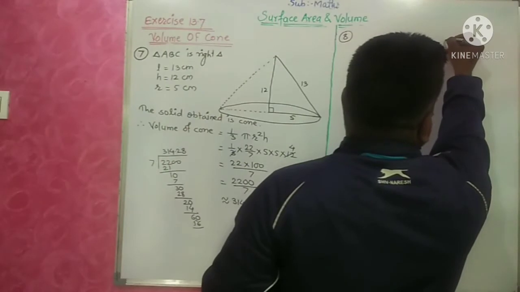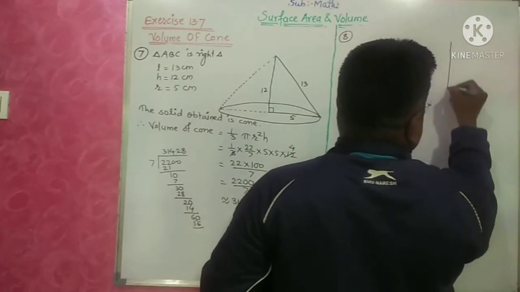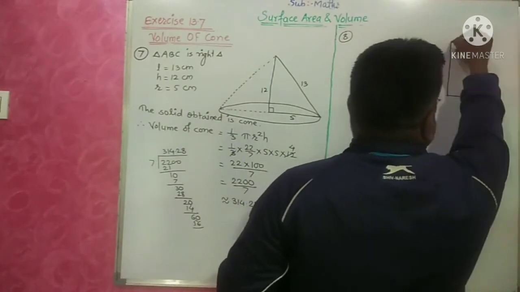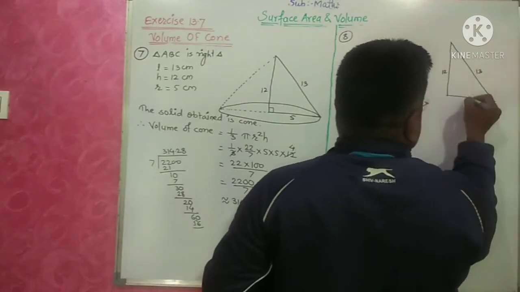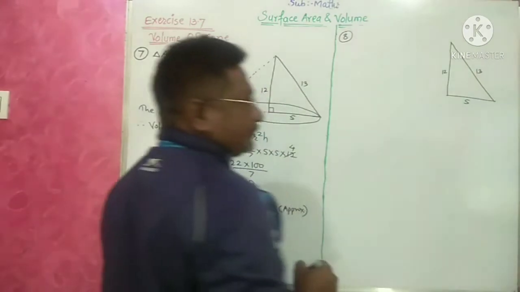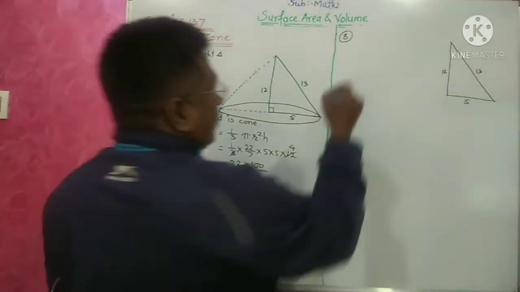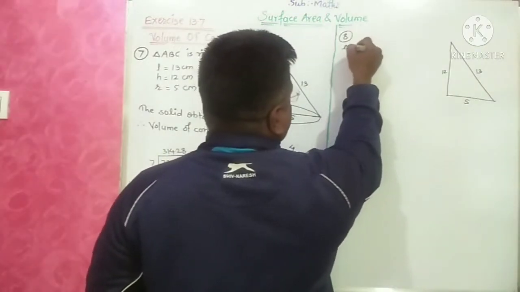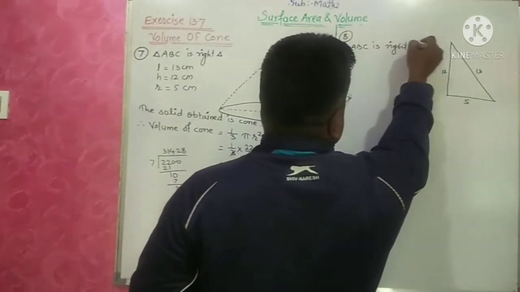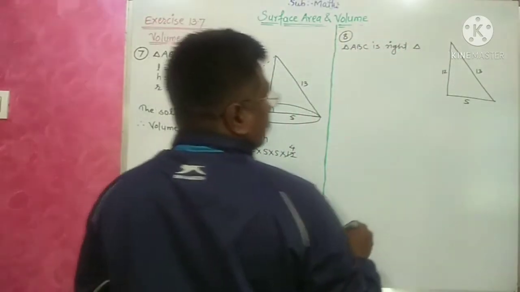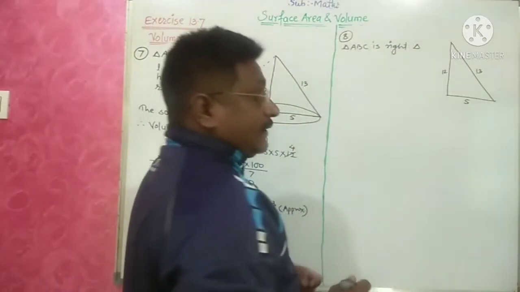Right angle triangle. So this is 13, this is 12, this is 5. So triangle ABC is a right triangle.